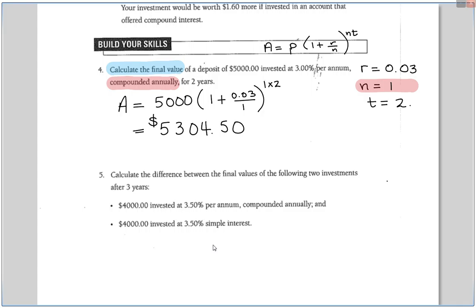What happened from 5,304 from 5,000? Yeah, you gained $304.50.